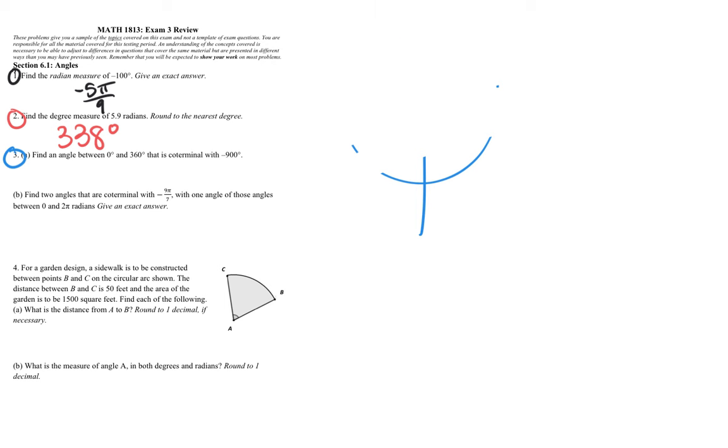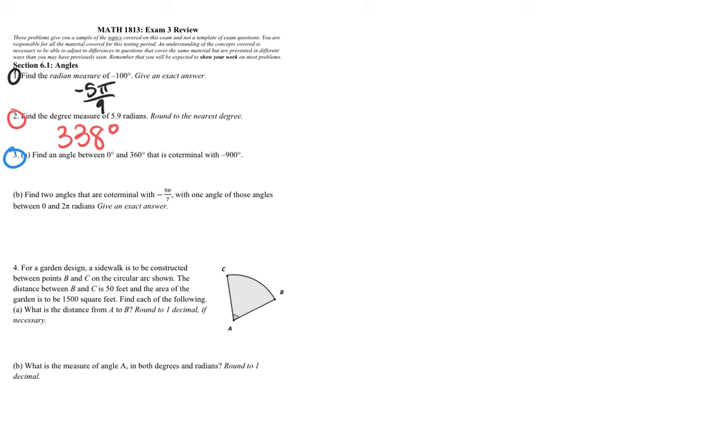So to do that, we need to think about how many times we should add 360 to make it in between 0 and 360. So we know that 300 times 3 is 900, so let's think about adding 360 times 3.